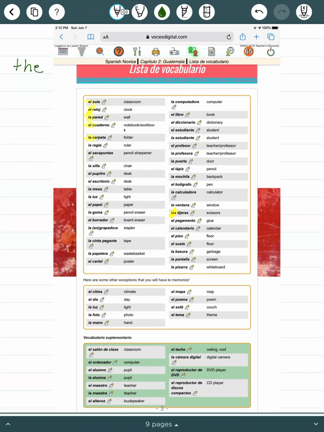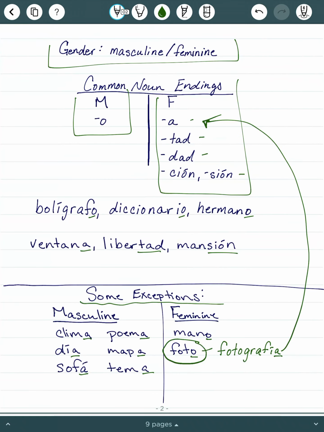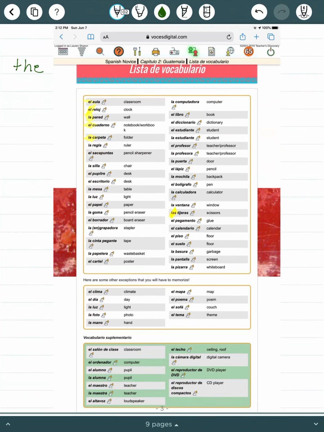So if you have a word that is masculine, so it ends in O, then you need to use the masculine word for "the," which is el, or if it's plural, you need the masculine plural word los. So anytime you see el on your vocabulary list, then you know this is a masculine word.